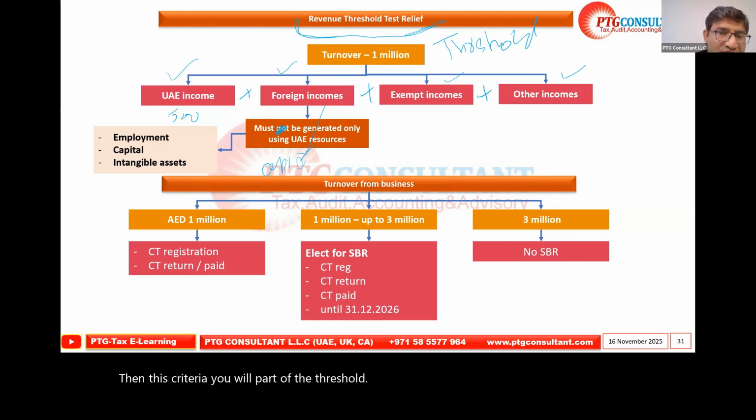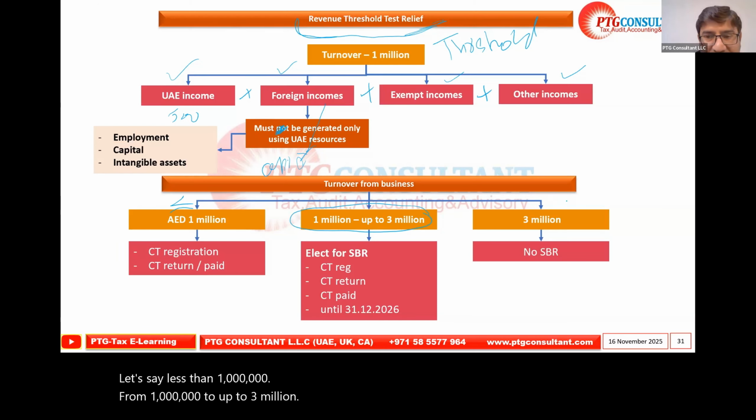So the turnover of the business: less than 1 million, from 1 million up to 3 million, and above 3 million. If a natural person's revenue is less than 1 million, city registration is not required.